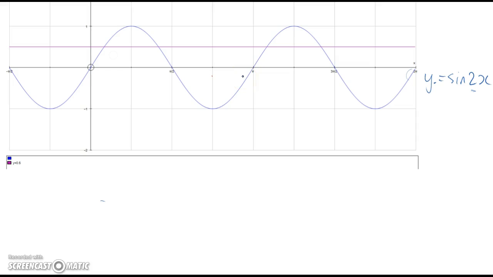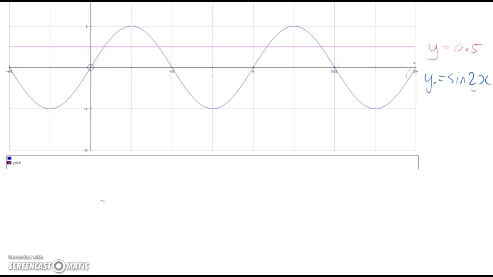So within that space of 0 to 2 pi, I will have 4 solutions where my graph cuts with the line y equals 0.5.